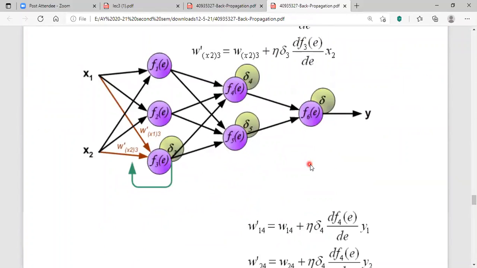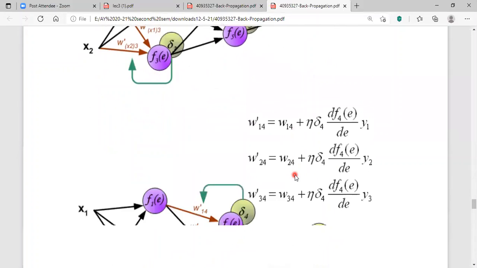You are propagating your error signal back to all the neurons in your neural network. So only the name they have mentioned as a back propagation algorithm.